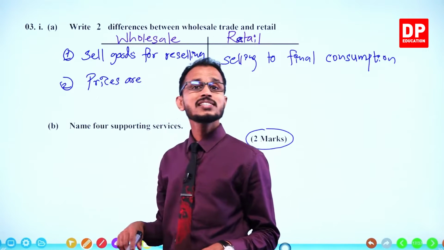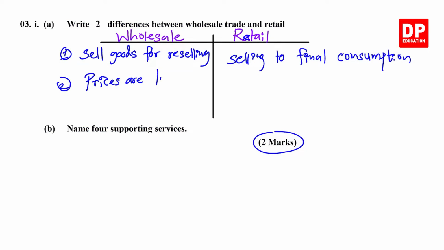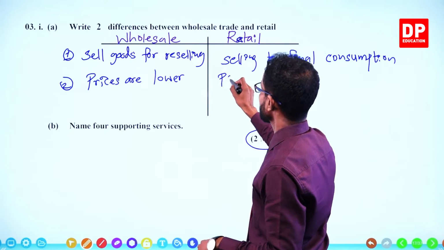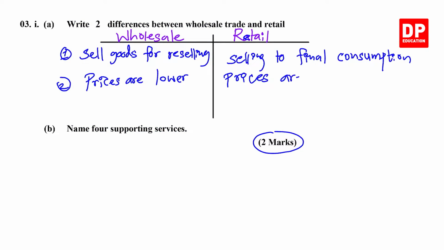Wholesale prices are always a bit lower. But with retailers, prices are higher, comparatively higher.